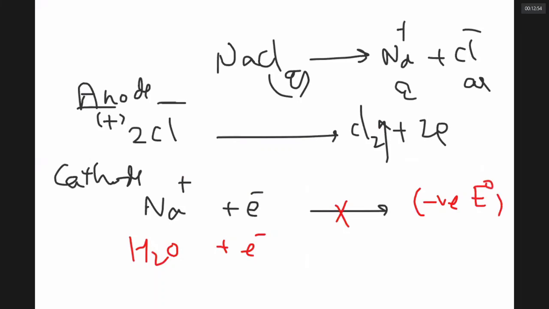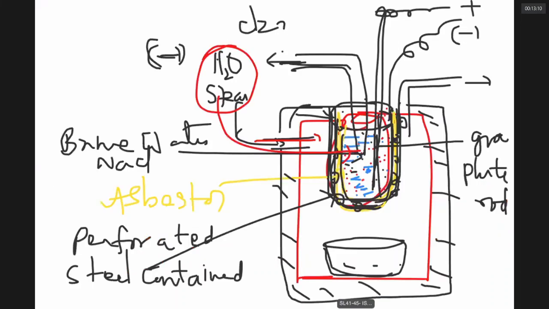That fellow which has a largely negative potential cannot take electrons, whereas water readily takes electrons to become hydrogen gas and OH minus ions. Therefore, from this portion here, the water is undergoing electrolysis to give hydrogen gas.